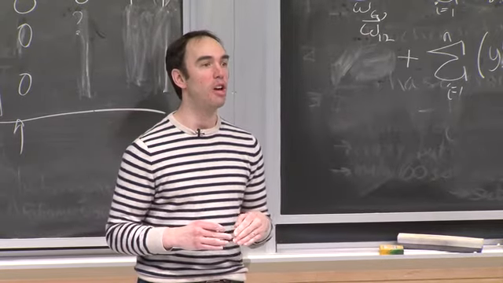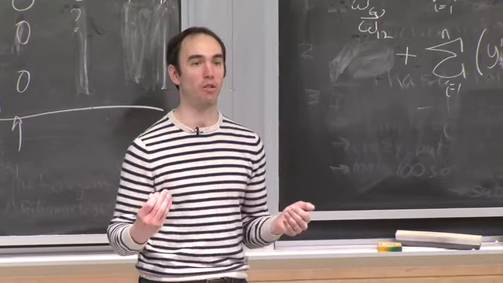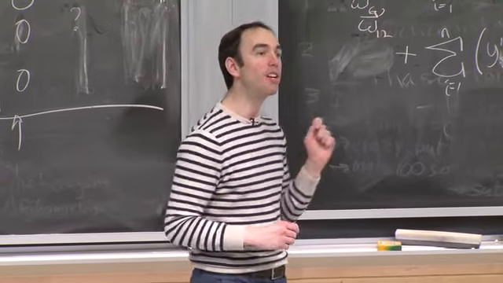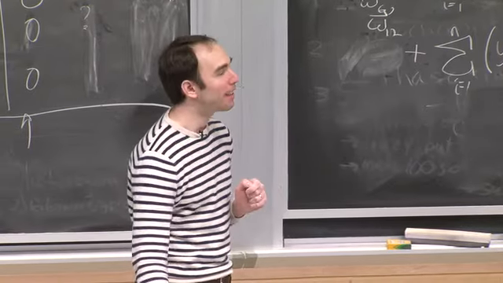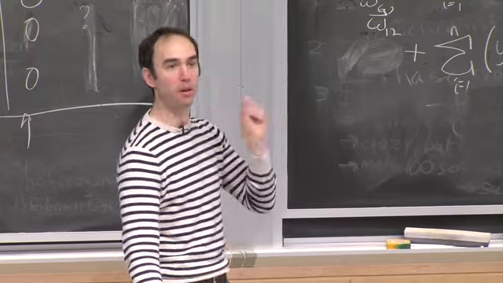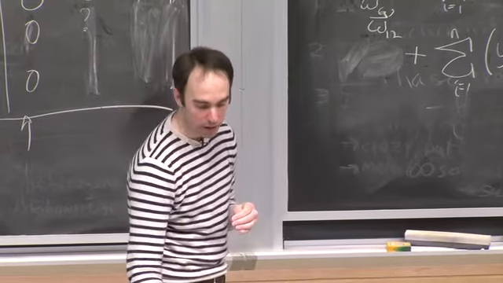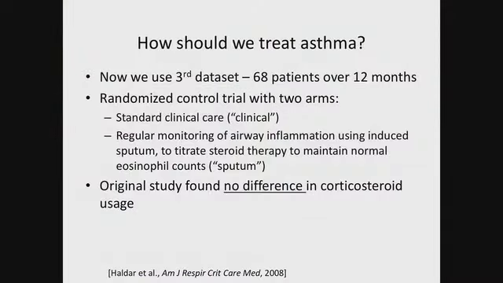And the question is, do these 2 treatment strategies result in differential outcomes? So when the clinical trial was originally performed, and they computed the average treatment effect, which, by the way, because this was an RCT, was particularly simple. You just averaged the outcomes across the 2 arms. They found that there was no difference across the 2 arms. So there was no difference in outcomes across the 2 different therapies. Now what these authors are going to do is they're going to rerun the study.